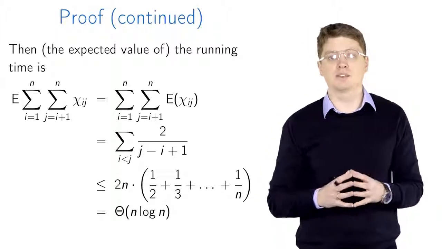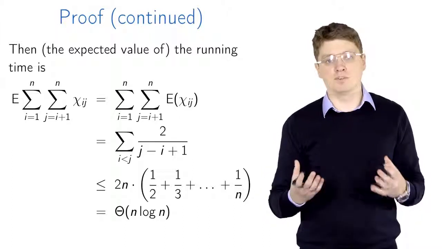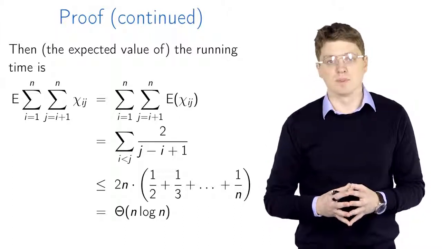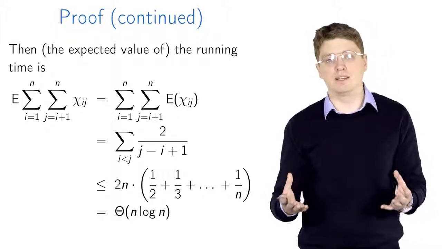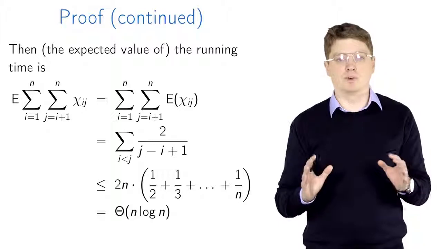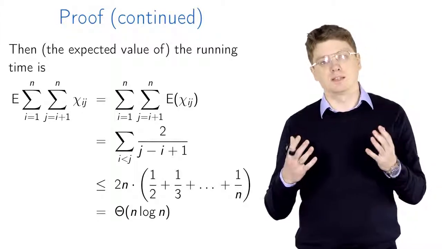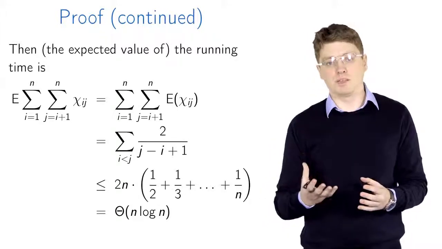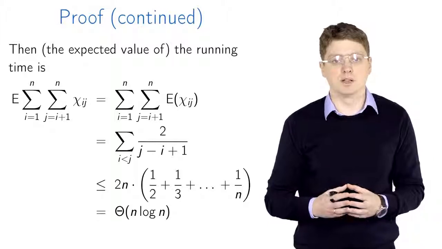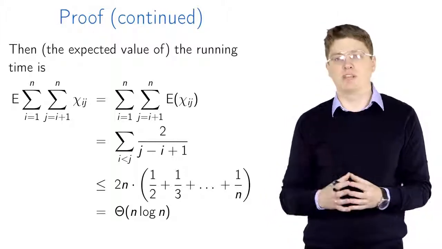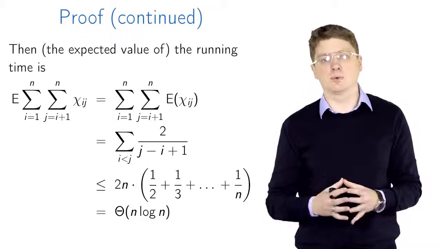So the expected value of the sum is the sum of the expected values. So we can write the following, that the average running time is equal to the sum over all possible different ij of the expected values of Xij, and we know this expected value already, so this is the sum over all possible different ij, where j is greater than i, of 2 divided by j minus i plus 1.